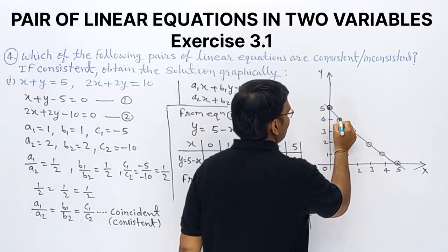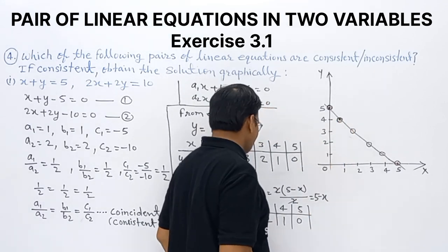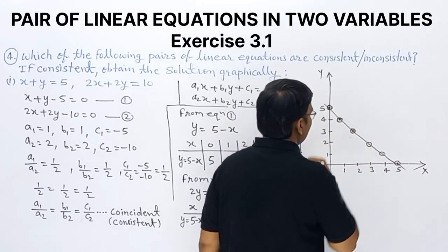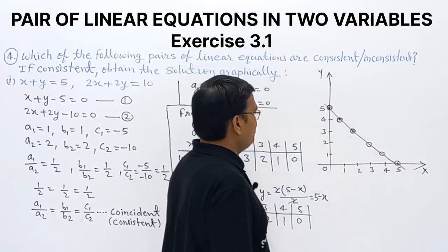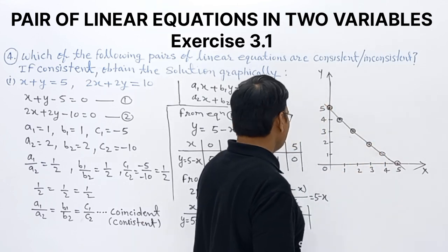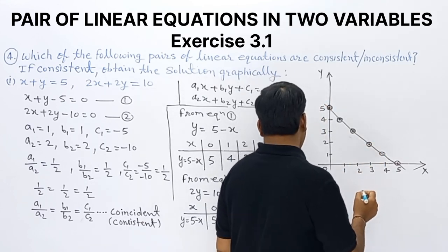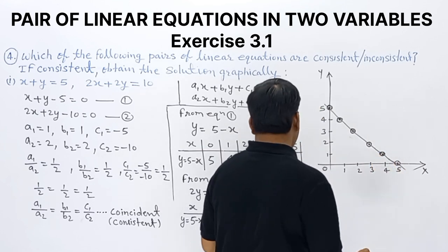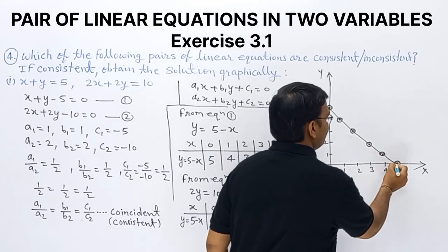This point we are getting. Next one 2 and 3. This point we are getting. Now next one 3 and 2. This point we are getting. Then 4 and 1 will be this one. And finally 5 and 0 we are getting this one.